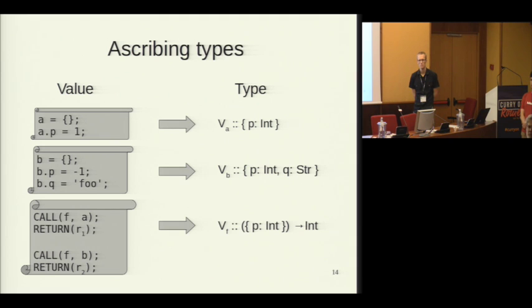I'm wondering that maybe because JavaScript doesn't have any, you have found that sophisticated features like polymorphism or intersection types do not really arise in the programs. No, I would say we've found that.